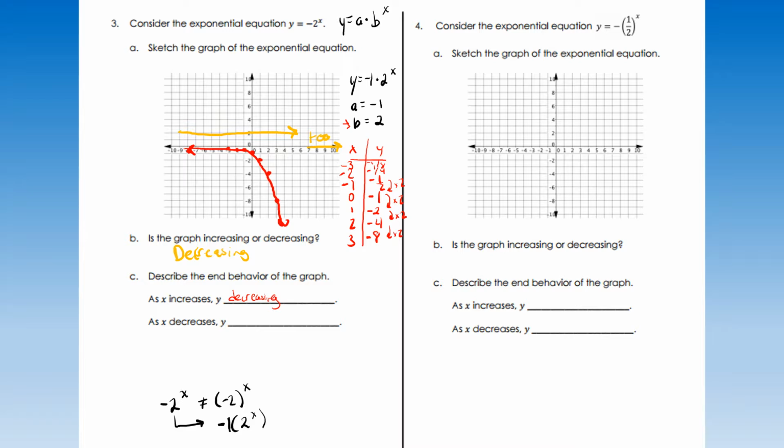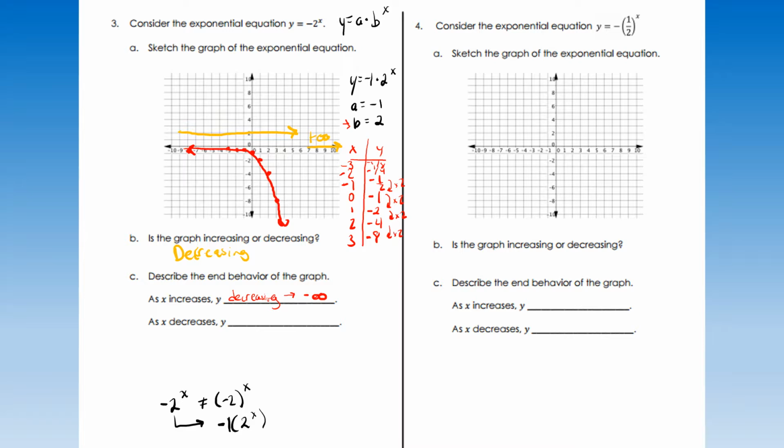And is there any limit to how negative it's moving, how far down it's going? No, it's actually decreasing, and it could go all the way towards -infinity. And so as x increases, as x gets bigger, y gets more negative, so it's decreasing towards -infinity.